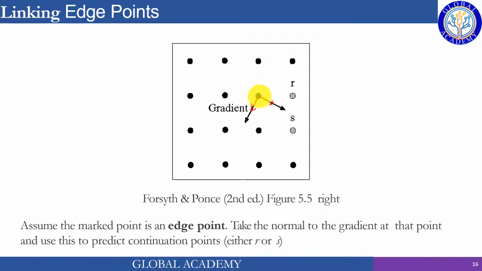You have to search the connectivity along this direction, because if this is the edge, then the gradient will definitely point towards the direction of maximum change. But for connectivity of edges, you have to find connectivity along this direction, whether this point is an isolated point or a connected point. So you can use 8-connectivity or 4-connectivity algorithms just to check whether this point is connected or not.